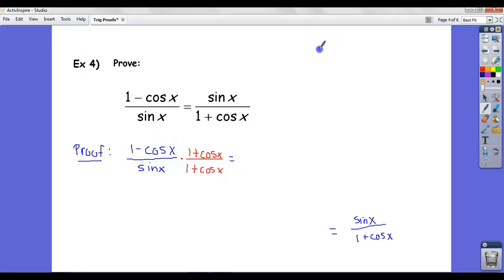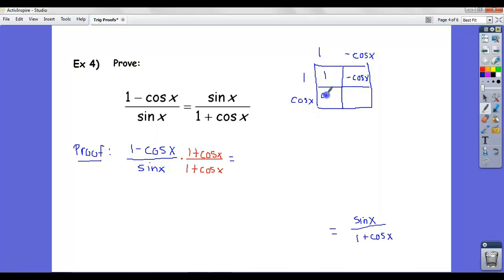So the top, I'm actually going to multiply out, the same way I'd multiply out any other binomial here. So that's 1 minus cosine x times 1 plus cosine x. 1 times 1 is 1. 1 times negative cosine is negative cosine.